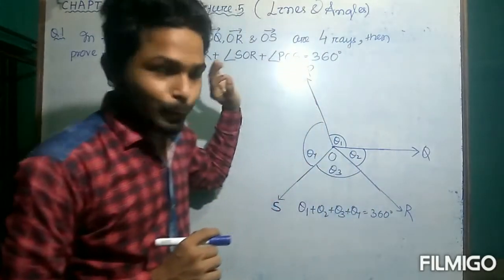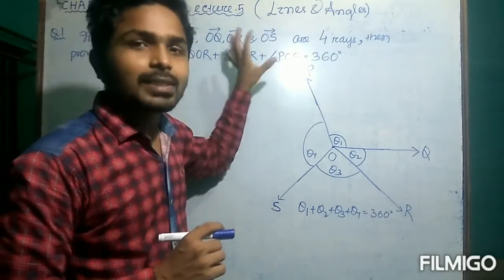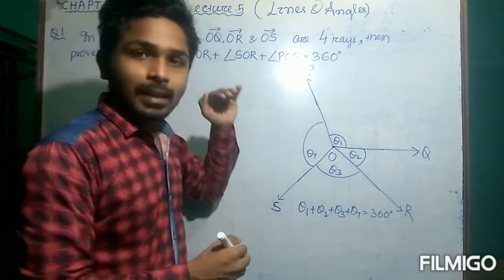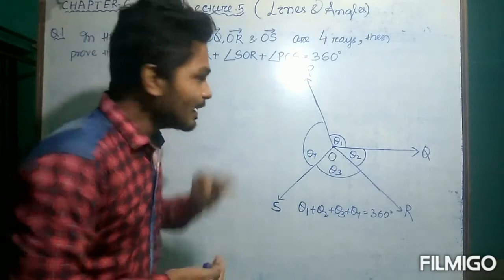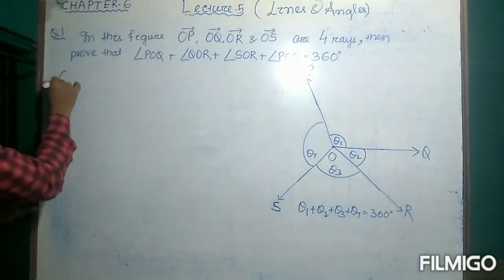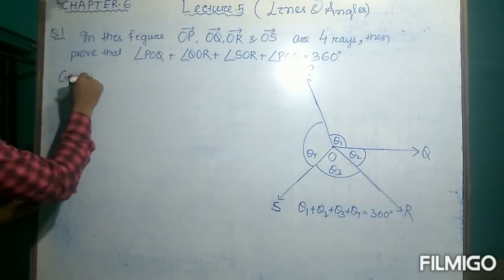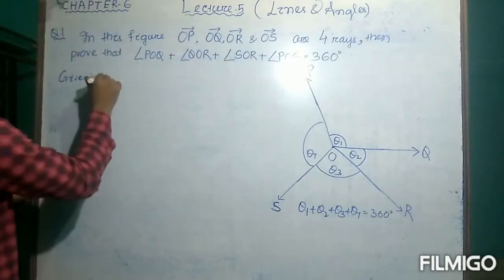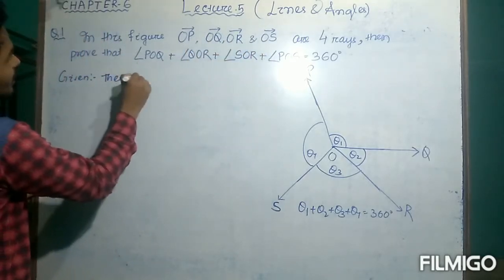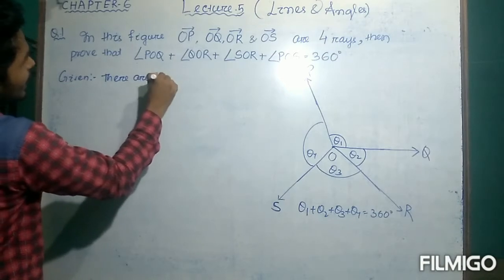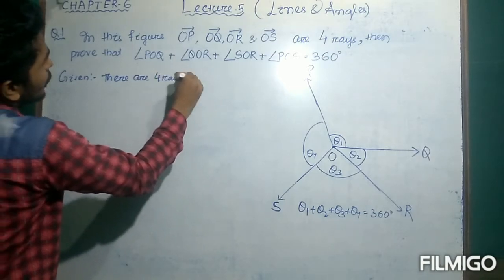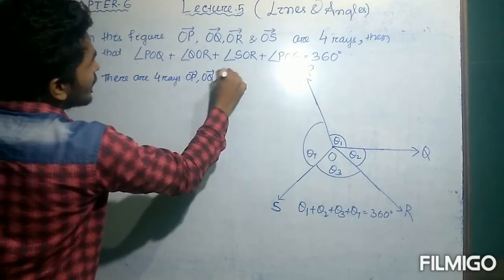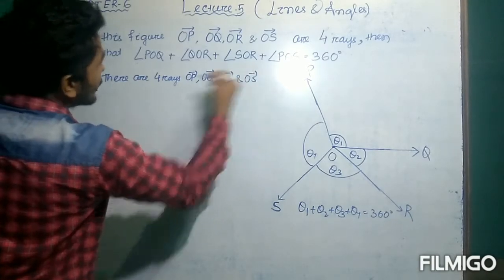Now, since you are going to prove it, first write the general steps. General steps means you will first write the given and what is to be proved, right? So what is given in the statement? It is given that there are 4 rays. So write it. There are 4 rays OP, OQ, OR and OS.